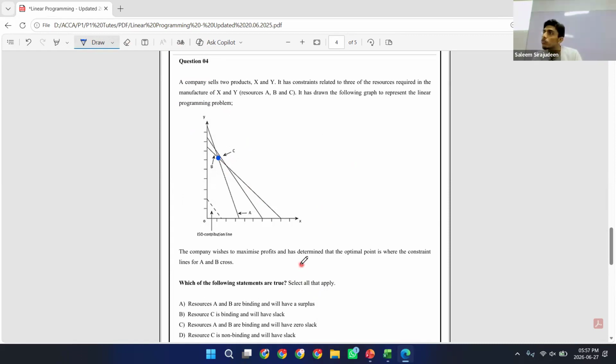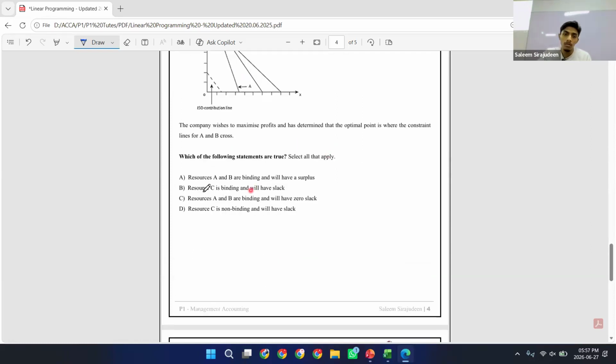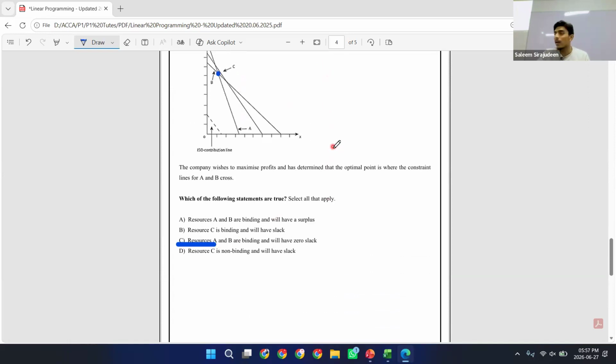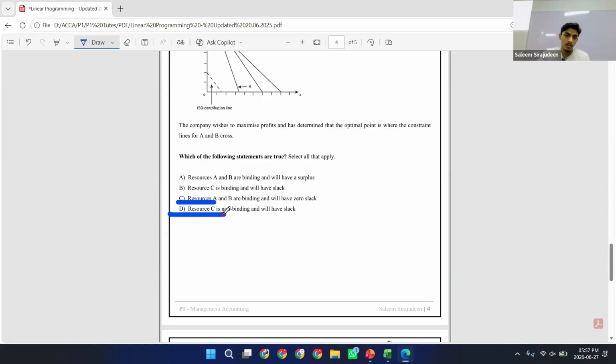In a binding resource, will we have surplus? No. Resource C is binding and will have slack. Okay, resource C will have slack, but is that binding? No, non-binding. Resources A and B are binding and will have zero slack. Correct or wrong? Correct. Resource C is non-binding and will have slack. Correct or wrong? Correct. So C and D are the correct answers.